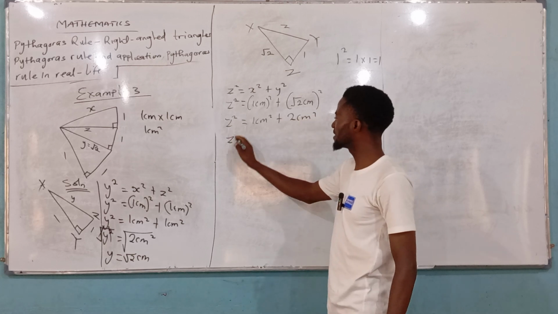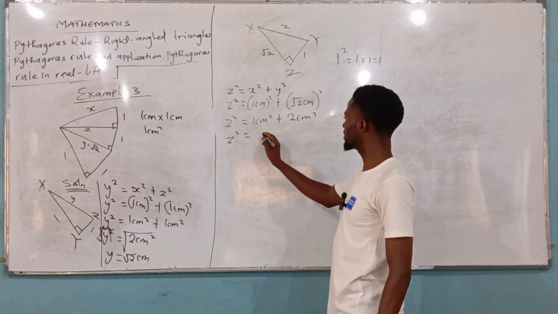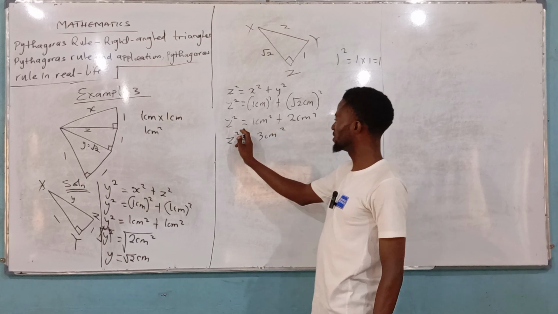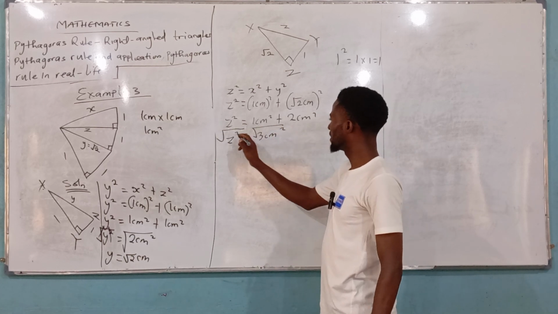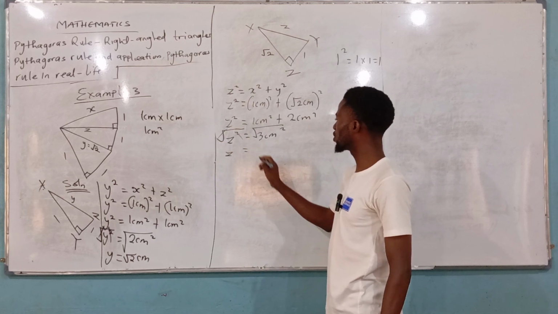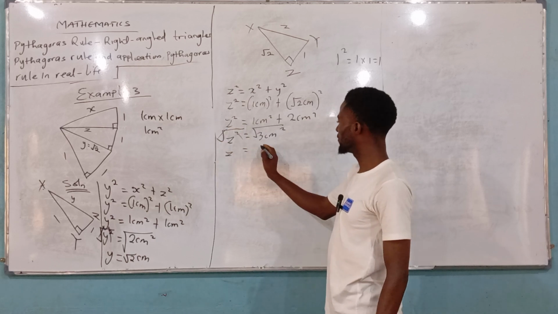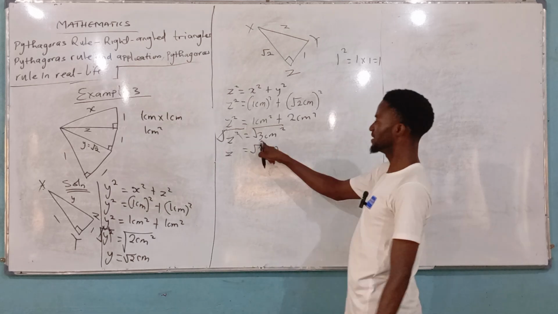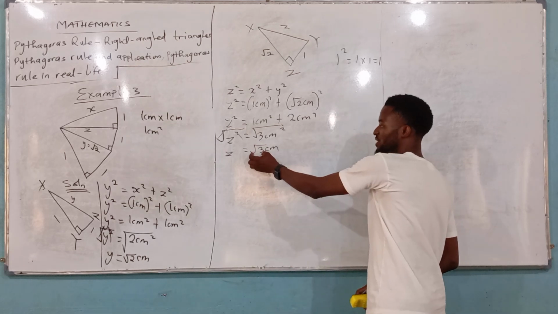So we have z² is equal to, if you add these, 3 centimeter squared. Take the square root of both sides. We are left with z is equal to root 3 centimeter. This is not a perfect square, so we leave it the way it is.